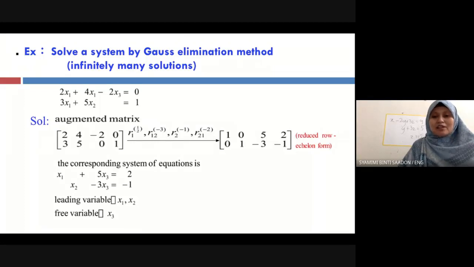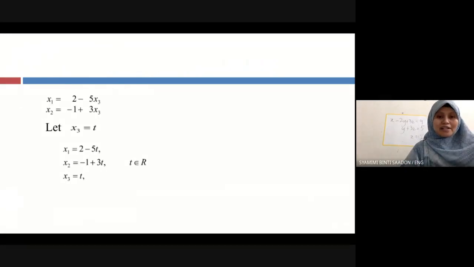Whatever the value of x3, as long as the boundary condition or whatever the rules still allow, we can choose any value of x3. For that value of x3, we will have the values of x1 and x2. We write it something like this.